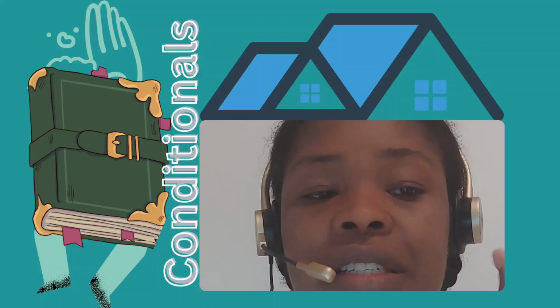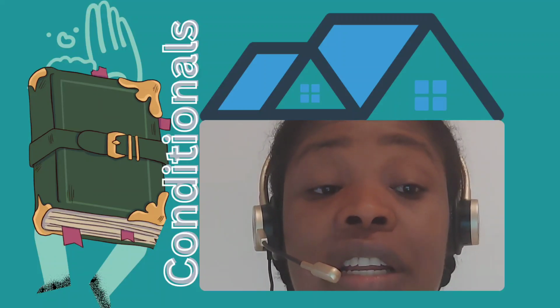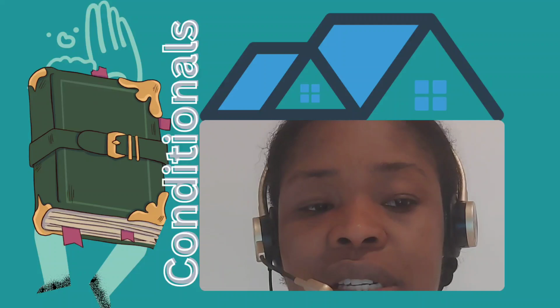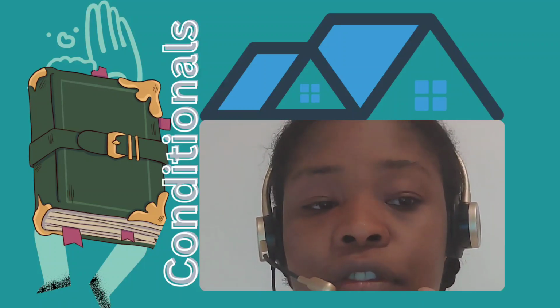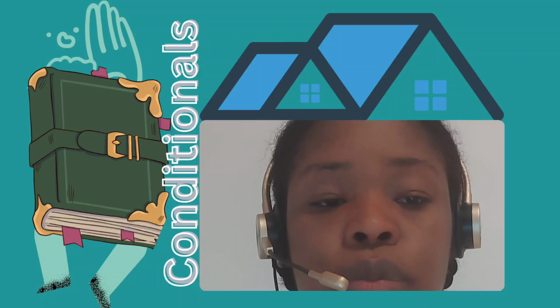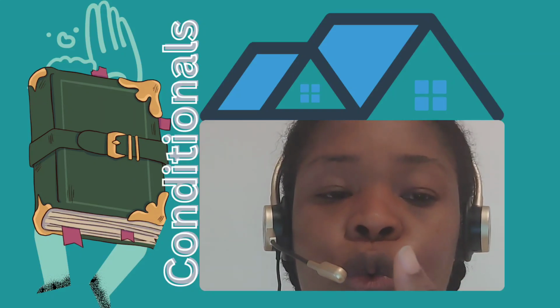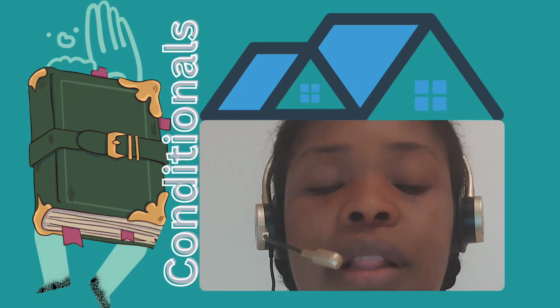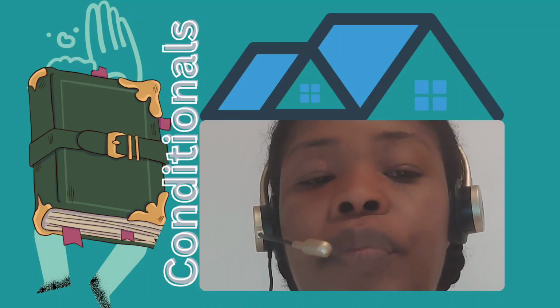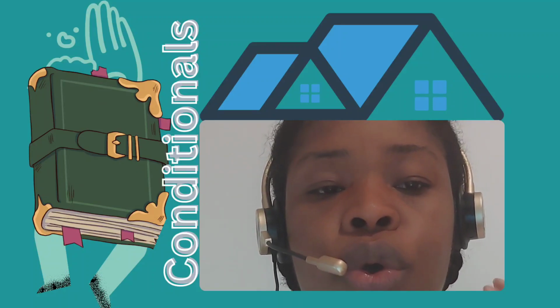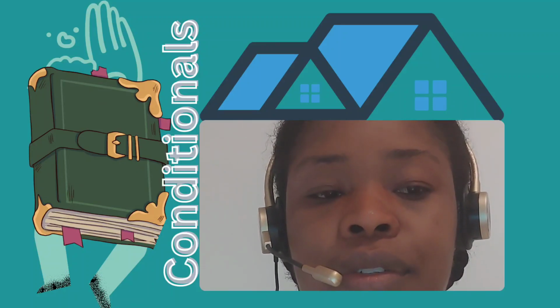If it is sunny tomorrow, so if it is in the present simple tense, and that's the if clause. If it is sunny tomorrow, we will go to the park. So we have will, the modal verb will, plus the base form of the verb to go. We will go to the park.